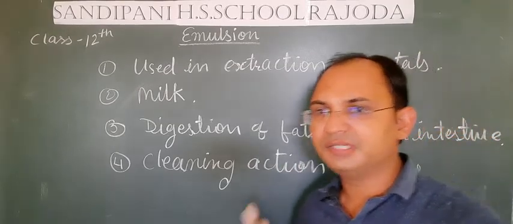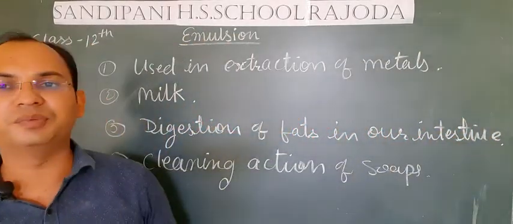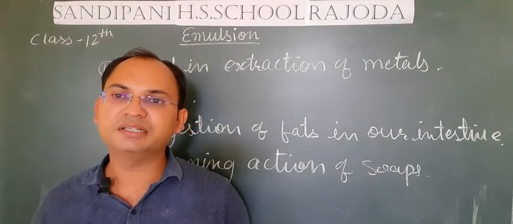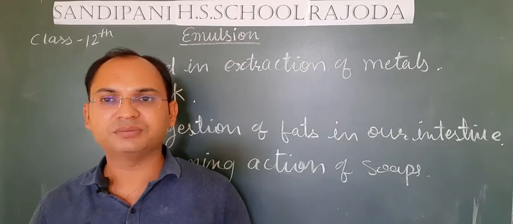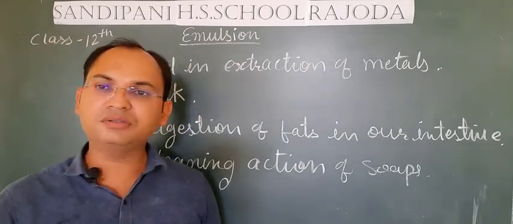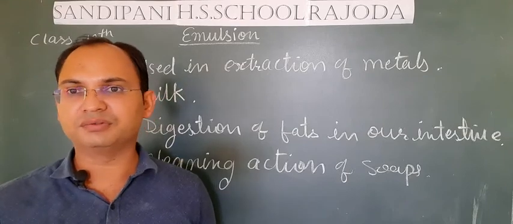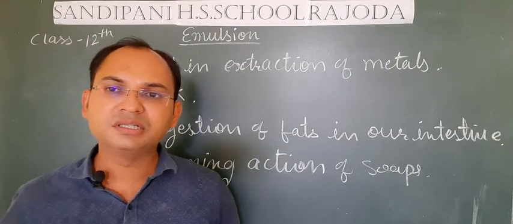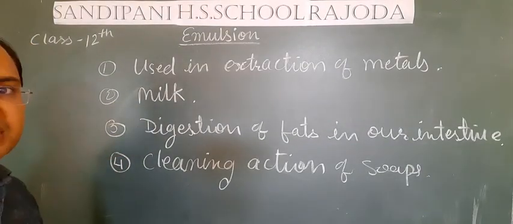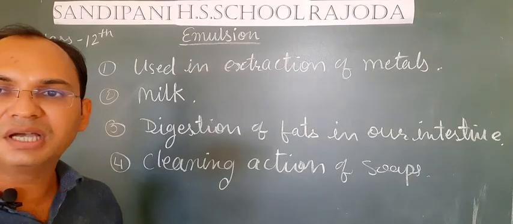One is hydrophilic end and another is hydrophobic end. One end is made up of the long chain of the hydrocarbon and second is made up of sodium or potassium salt. So they form the emulsion with oil molecules or the water molecules in order to get the cloth clean. So these are the four important applications in our day-to-day life in which we use the emulsion.